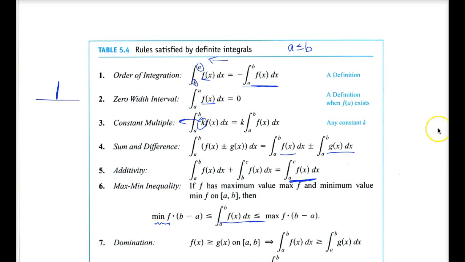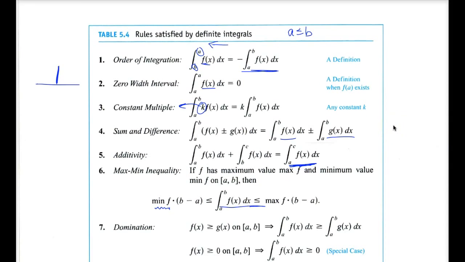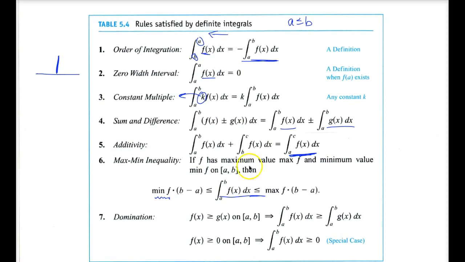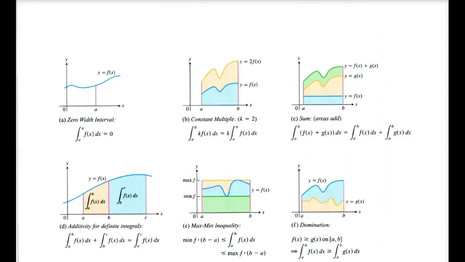To get a better idea of this, we'll look on the next page to see a drawing of the two. I'll go there now. We can see here what we're talking about. In between x equals a and b, the max value of the function is at this particular point, and the minimum value of the function is here.